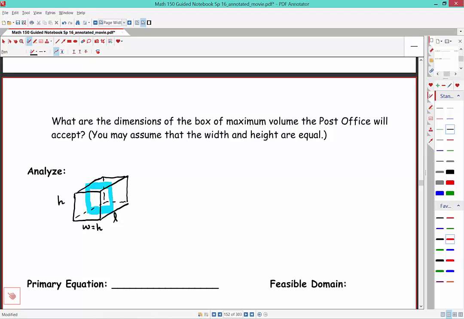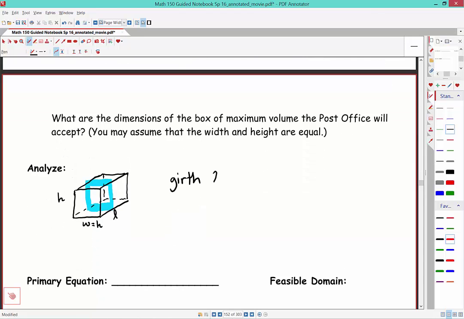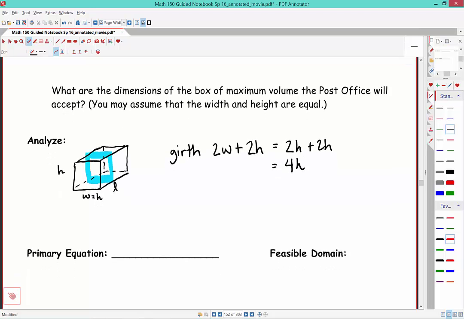Now, we've also been given that the girth is 2w plus 2h, which we can say is equal to 2 times h plus 2 times h, since the width is the height, which gives us 4 h's. All right?